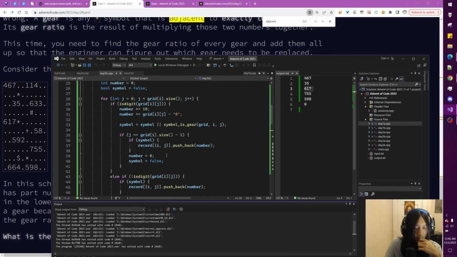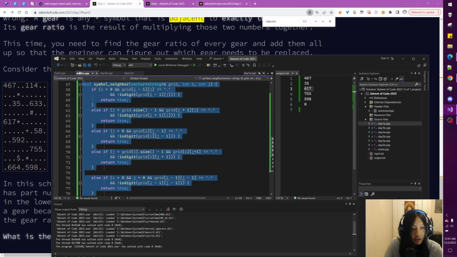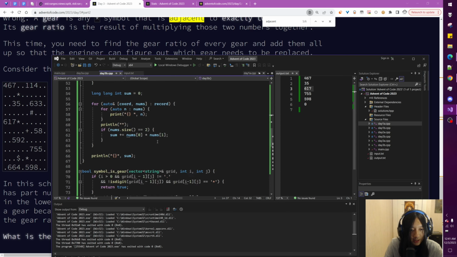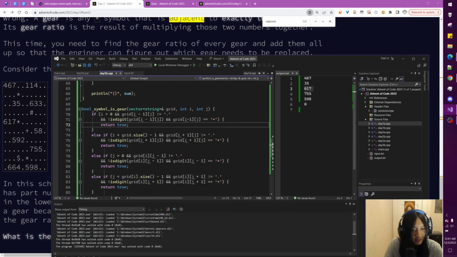Not correct. Oh, because we've been using ij. Ij is the digit we're on. It's not where the grid is. So where the grid is actually, well, it's wherever we found it. So we can't just return that anymore. Oh, that's annoying.